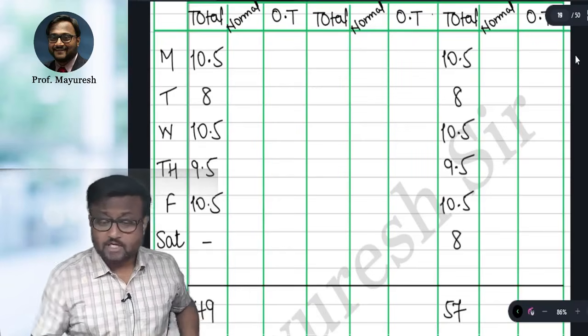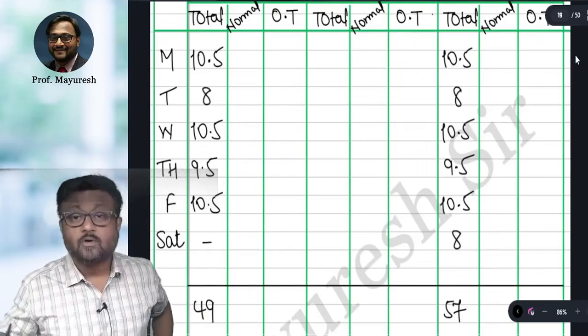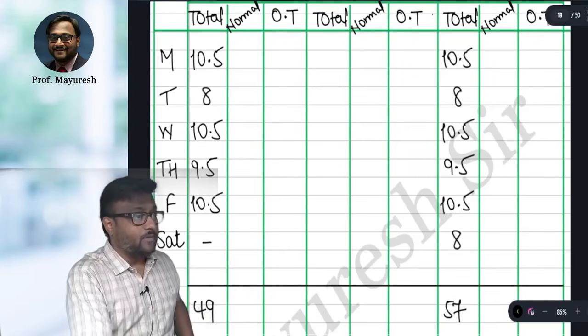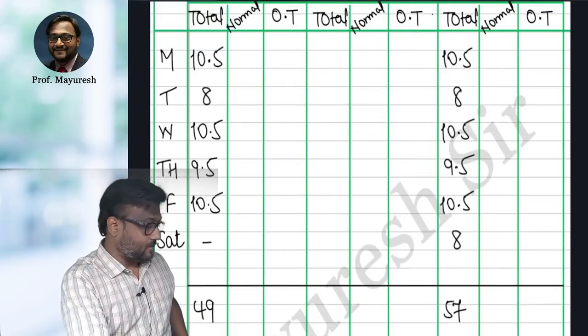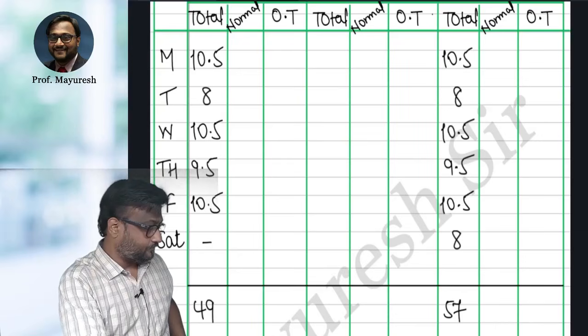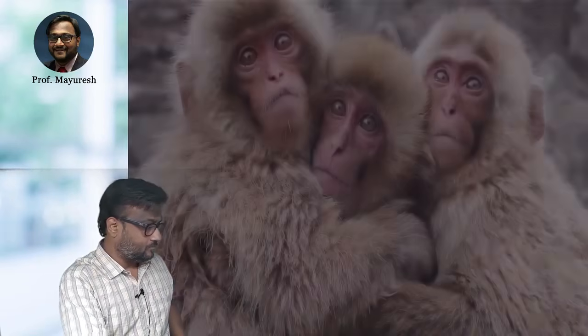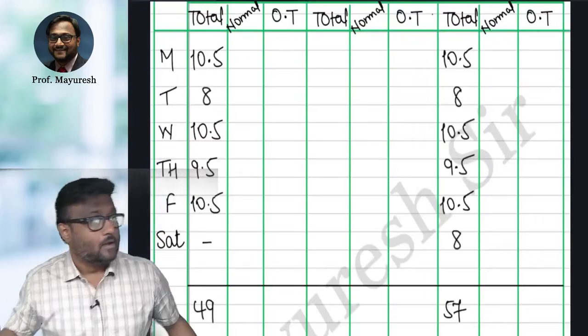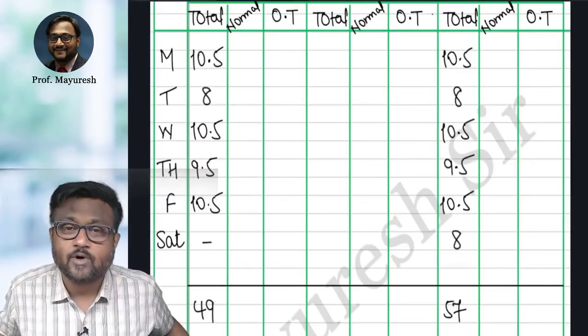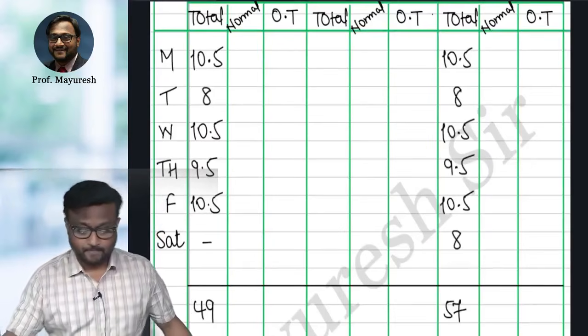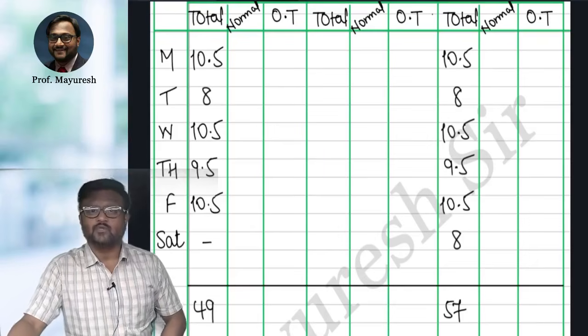I'm concerned about hours paid, because we are talking about labor cost, and labor cost is not decided based on hours worked. Labor cost is decided based on hours paid. I'm least bothered to know how many hours were worked.